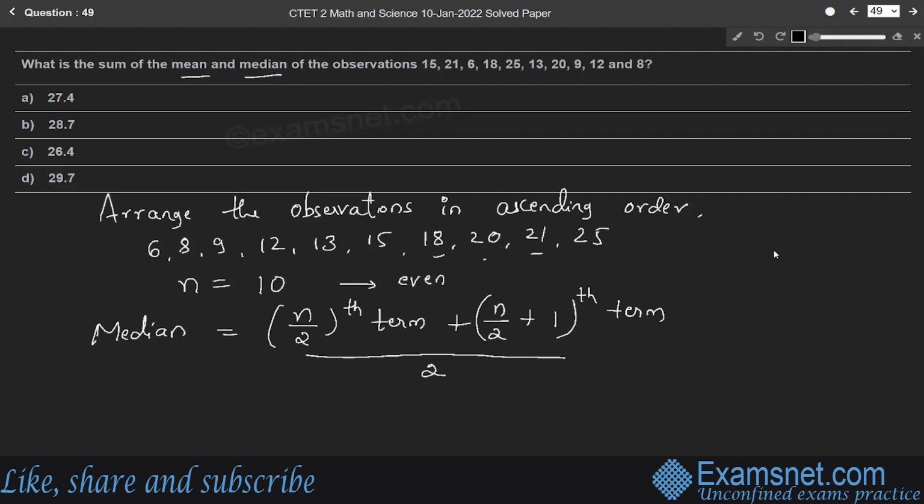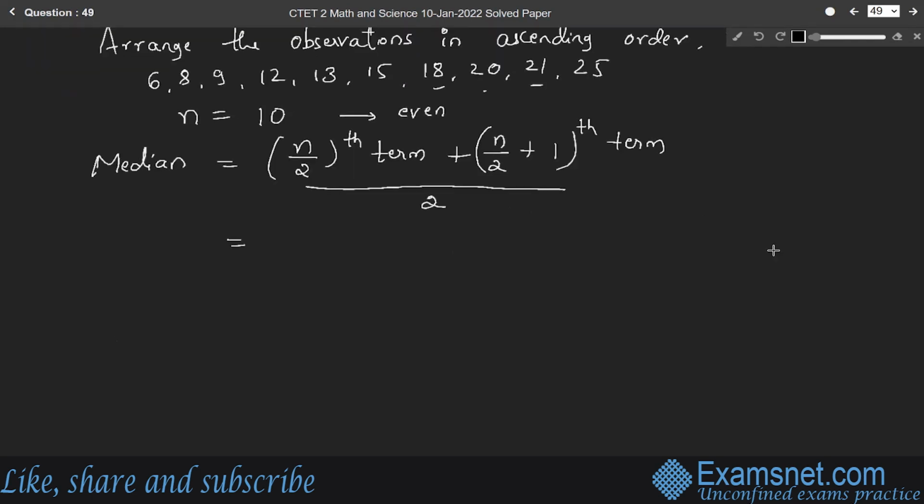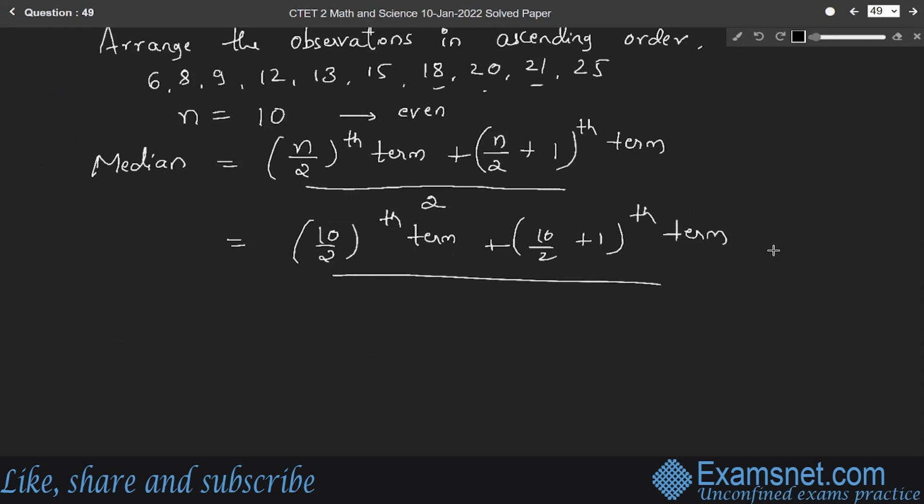Right? So n by 2th term means 10 by 2th term plus 10 by 2 plus 1th term, whole divided by 2.